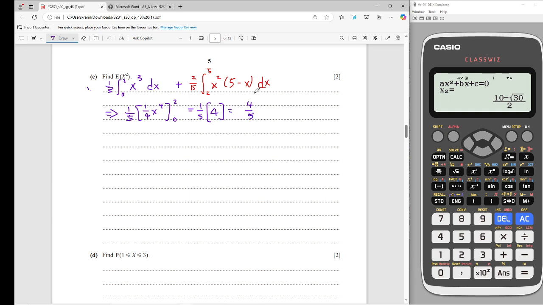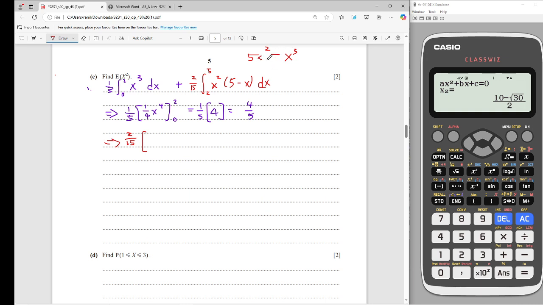So now we need to add 4 by 5 with this integrated value and substitute the limits. Okay, how do we do this? So we have 2 by 15 as our constant that we integrate with. And once you integrate x squared times 5 minus x, you can just simplify this. It's 5x squared minus x cubed. And we've already integrated x cubed, so that should be simple.